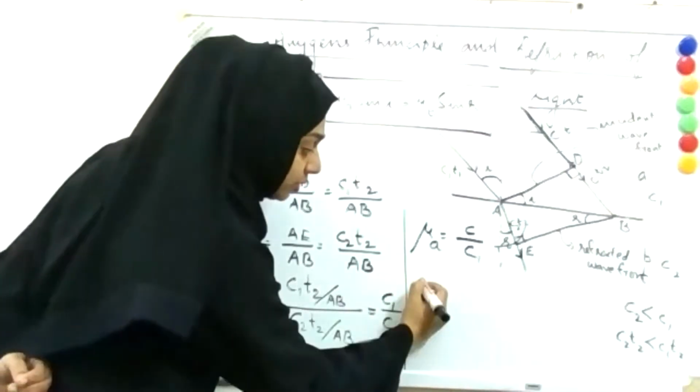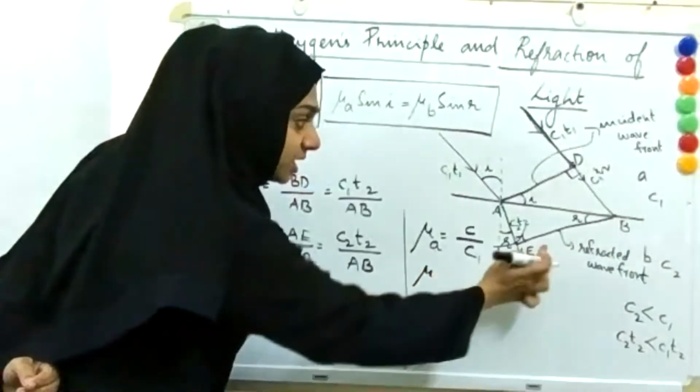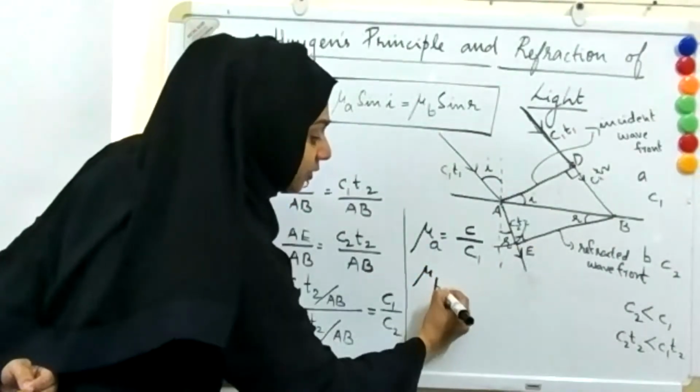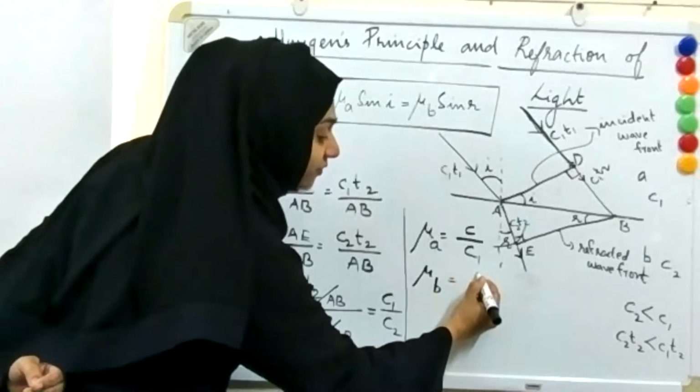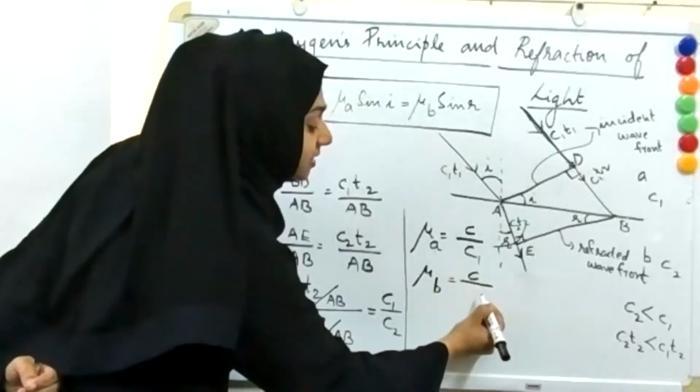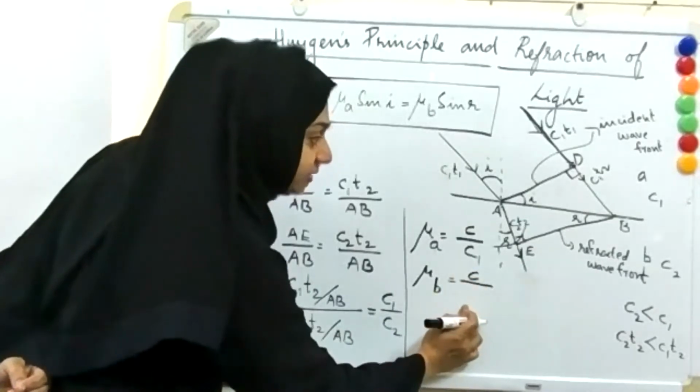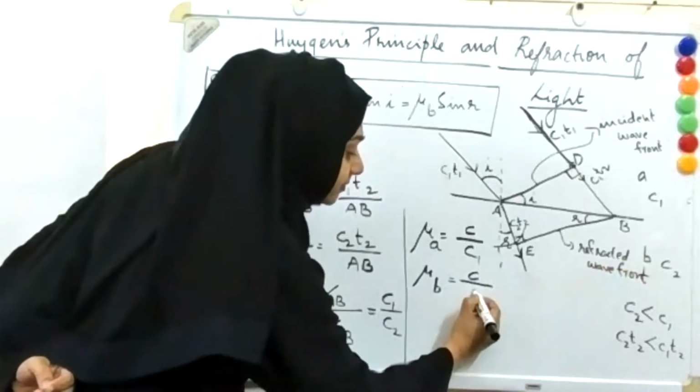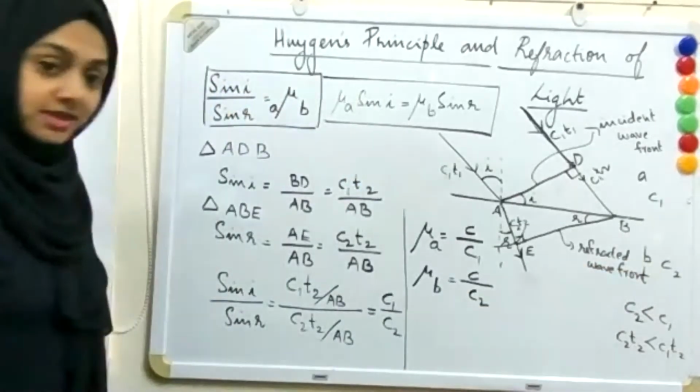Okay, so the refractive index of the second medium B is equal to speed of light in vacuum C divided by the speed of light in that medium, that is C2 here. So I can take like this.